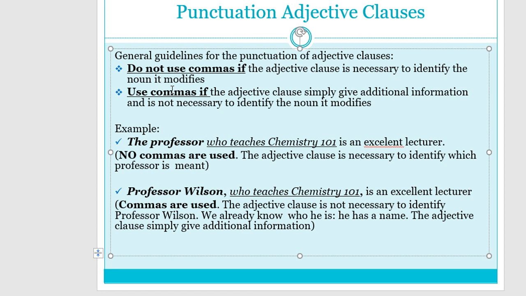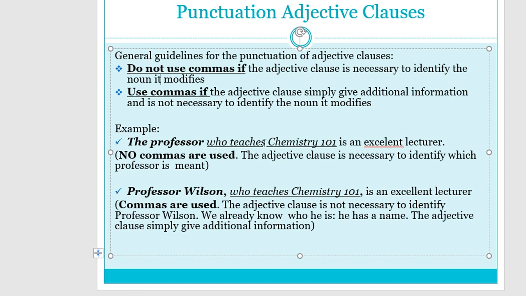Why? Because we have an idea that before "who" or "which" we can put a comma, because additional information can be given. But we use commas only if the adjective clause simply gives additional information. If it's not additional information, we cannot.